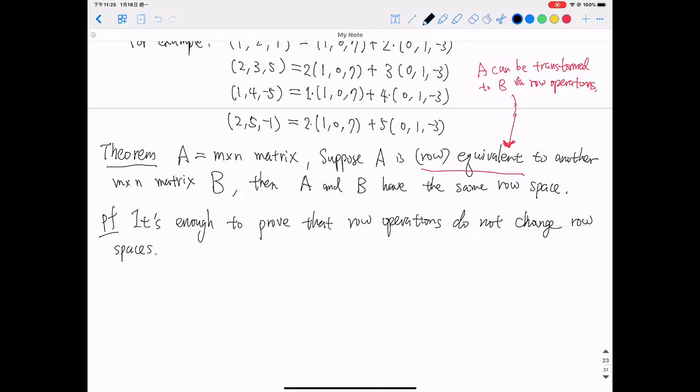Because to go from A to B, you perform a sequence of row operations. If each row operation keeps the same row space, then A and B will have the same row space. So there are 3 row operations to consider.